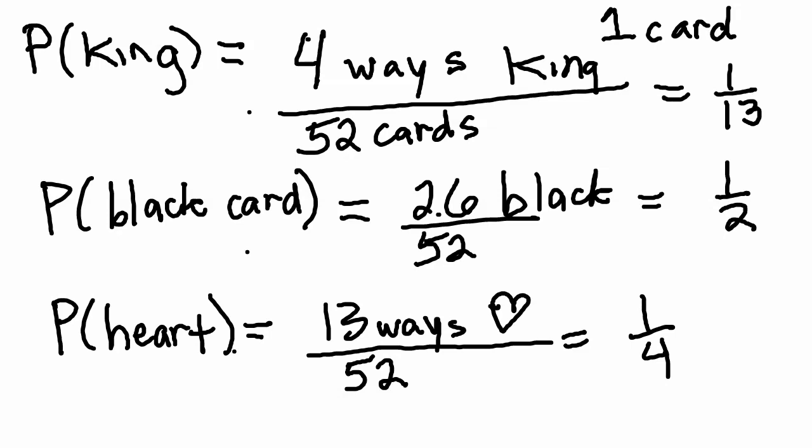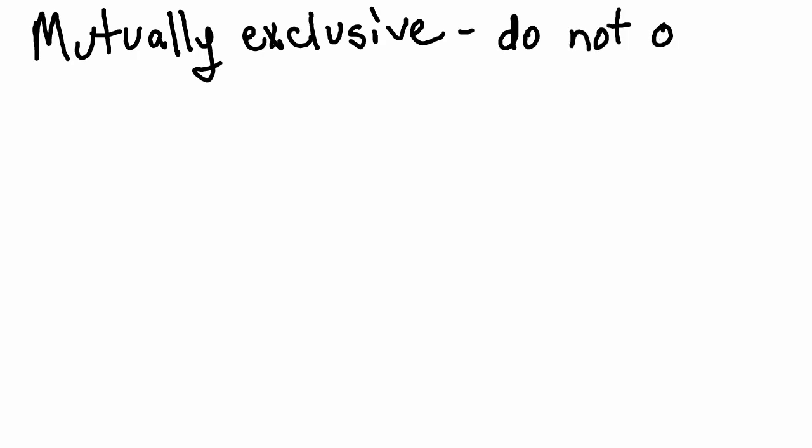All right, then we can travel into talking about mutually exclusive. Now, all this means is that if 2 events are mutually exclusive, they do not overlap, or they do not intersect.